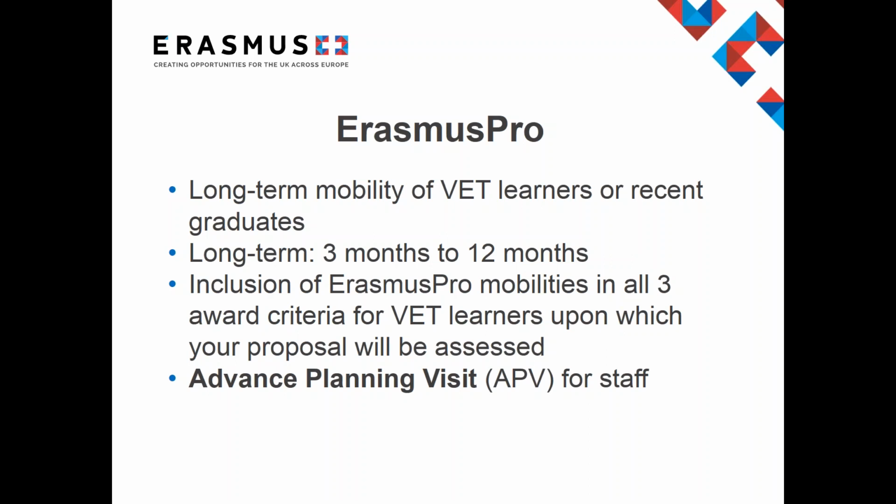If you're planning to integrate Erasmus Pro mobilities into your proposal, you can request funding for a short advanced planning visit for staff involved in the organization of the Erasmus Pro activities and in a working relation with the sending organization or consortium member to visit a host partner in order to facilitate interinstitutional cooperation, better prepare the mobilities and ensure their high quality.